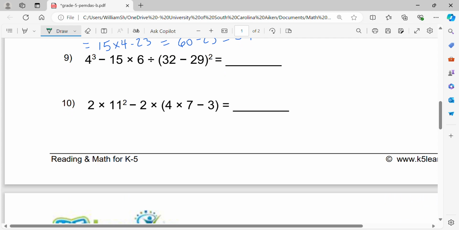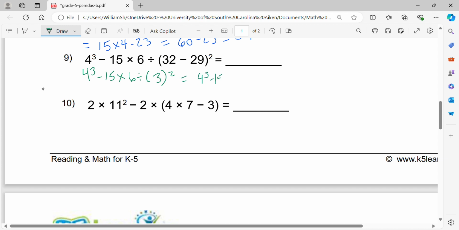Alright, number 9 says 4 to the third power minus 15 times 6 divided by parentheses 32 minus 29 squared equals. Okay, got to take care of these parentheses first. So we got 4 to the third minus 15 times 6 divided by, alright, 32 minus 29. 32 minus 29 is 3.